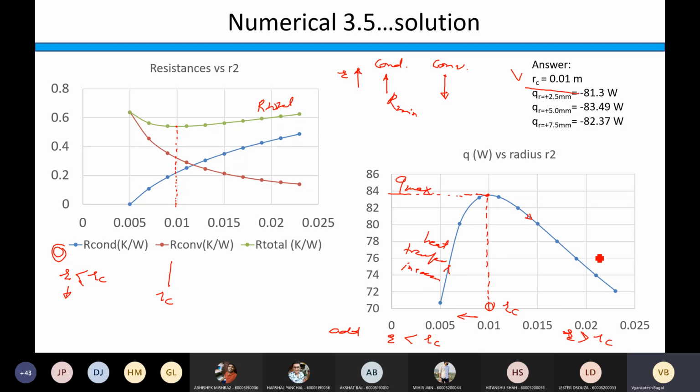These two things, and this has a direct connection with the base radius, right? Whether you want to increase Q, decrease Q, and what is your base radius. So these 3 points you have. So don't be under the impression that in a cylindrical system, if you go on adding the insulation, the heat transfer will decrease all the time. It is not going to happen. Remember this. Are you getting my point or not?